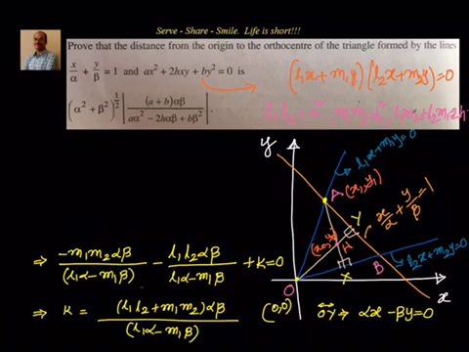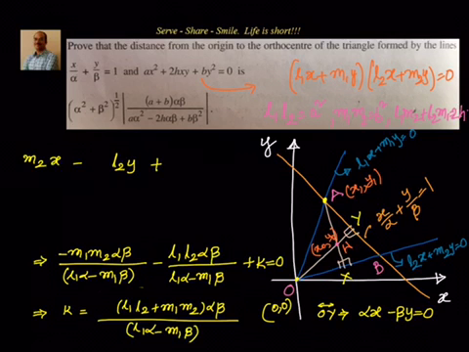Substituting k value, we get our equation of AX. AX is nothing but now m2 x minus L2y plus k.